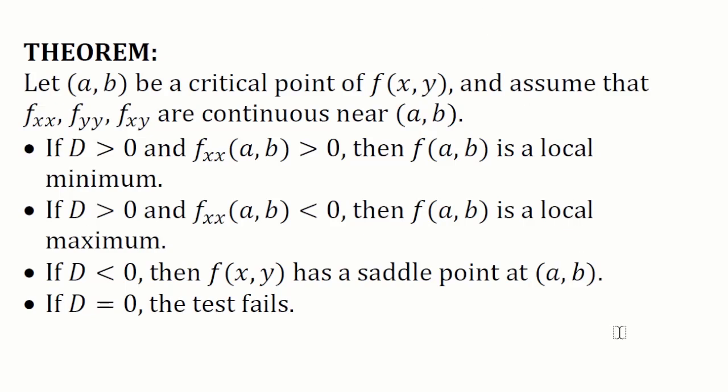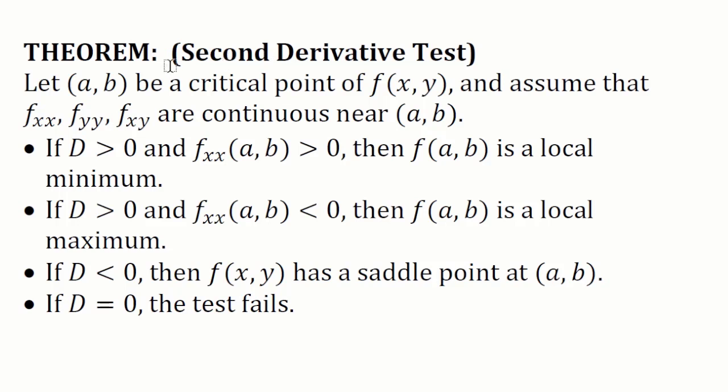And so now on my computer screen right here, I have a theorem. This theorem is commonly known among mathematical professionals as the second derivative test. Or for students, we introduce this theorem commonly as the second derivative test.